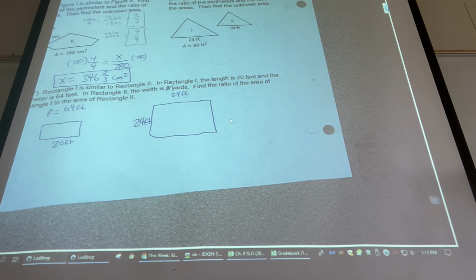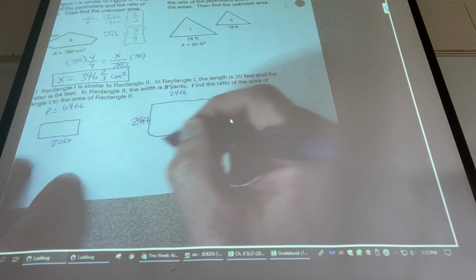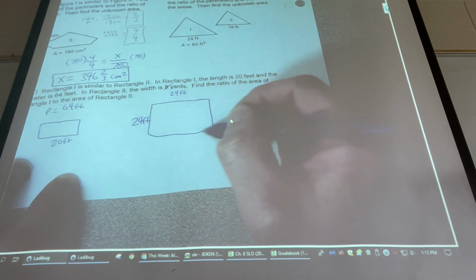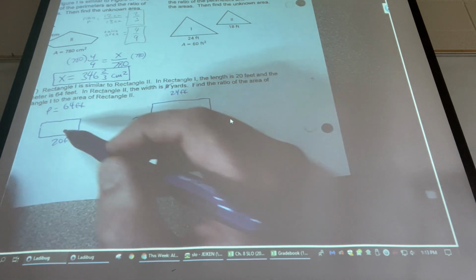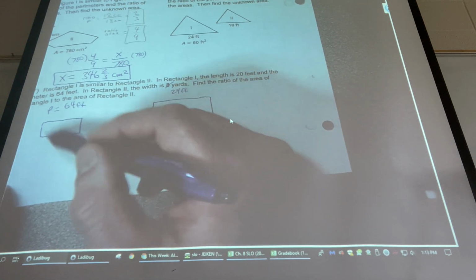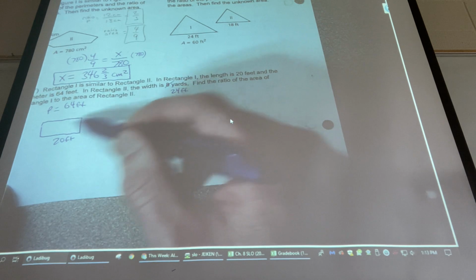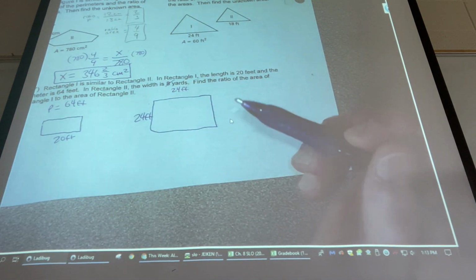It asks us to find the ratio of the area of rectangle 1 to the area of rectangle 2. Well, ladies and gentlemen, I don't know a lot about this rectangle at all. On this rectangle, I can figure out a bunch more stuff, can't I?